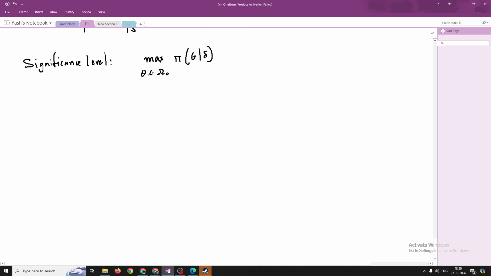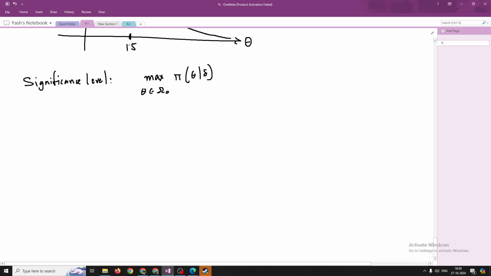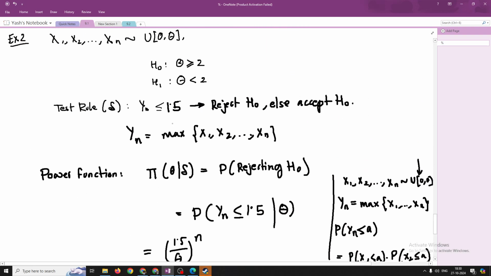So my H naught is correct, but I reject it. What's the probability of that happening? Now this is equivalent to the maximum of this probability of Y_n being less than or equal to 1.5 when my theta belongs to this set.